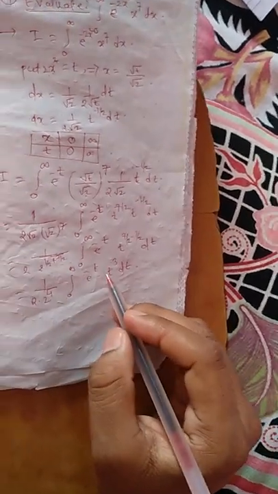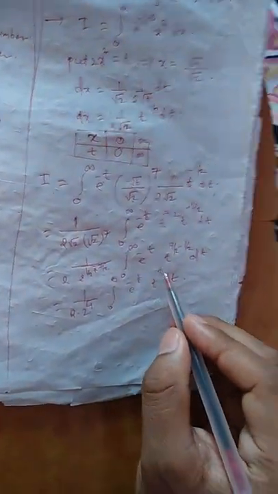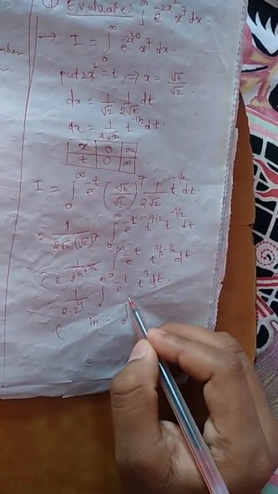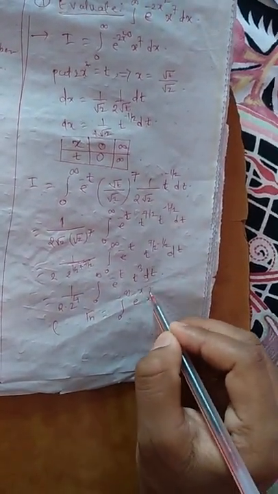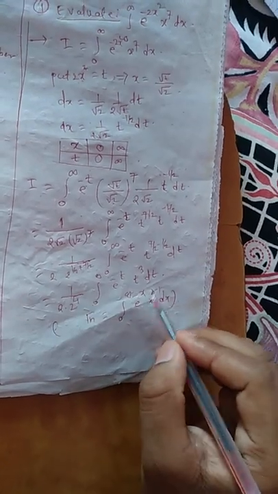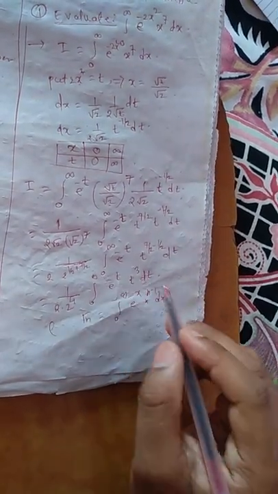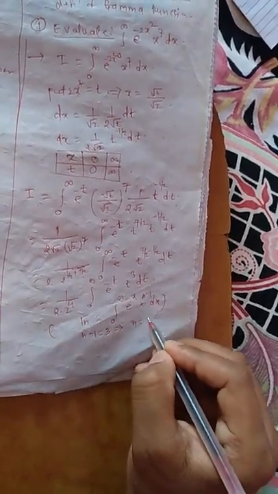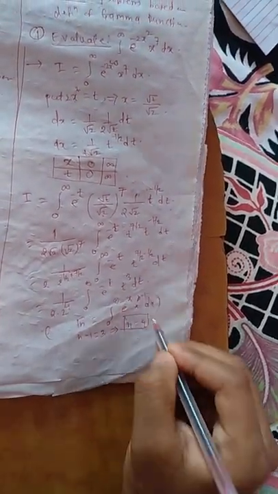So by definition of gamma function, that is gamma n is equal to integration 0 to infinity e raised to minus x, x raised to n minus 1 dx, we compare n minus 1 is equal to 3. This implies that n is equal to 4 only.